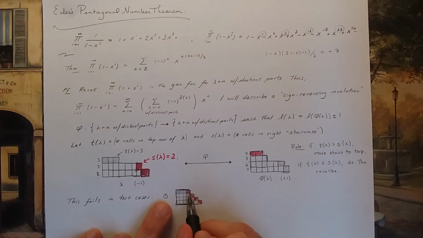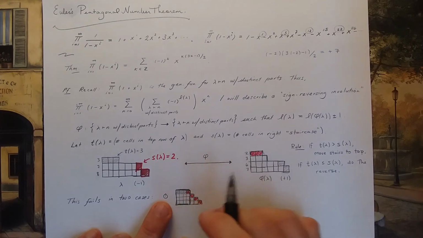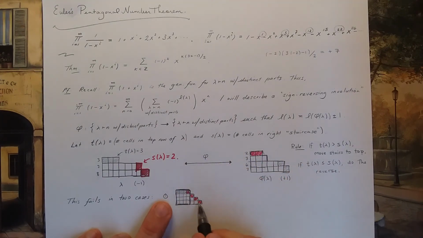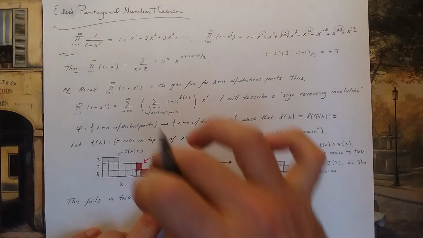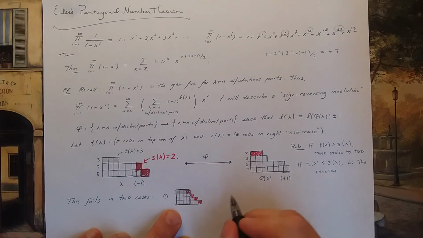Because if you try to remove the top and pad the staircase, then the top is too long. And if you try to remove the staircase and pad the top, then it's going to be sticking out too far. Because if you remove the staircase, then the top will only have 3 cells, and you're going to try to stick a row of 4 cells on top. That's not going to work. So that's going to fail.